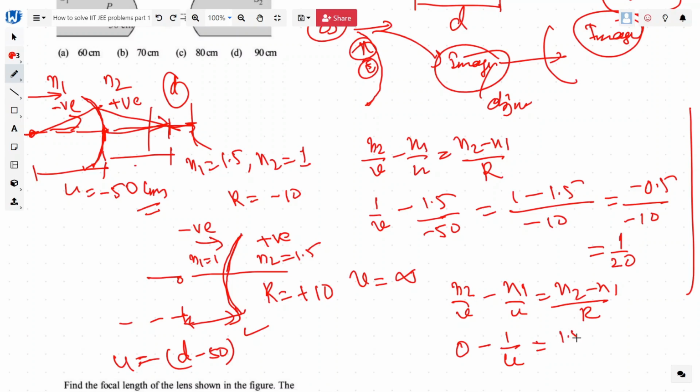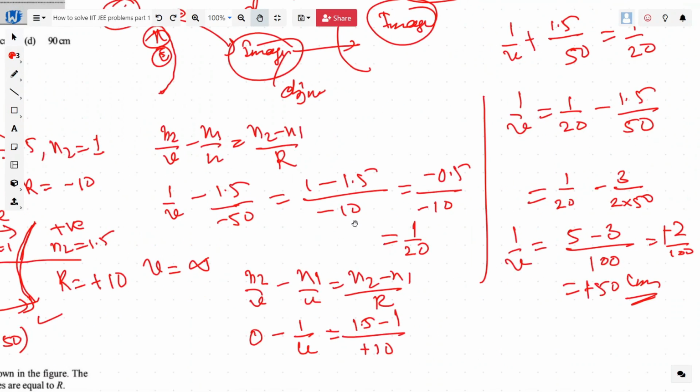Now n2 is 1.5 minus n1 is 1, by R. R is this time positive, so plus 10 centimeters. This is now going to be equal to 0.5 by 10, 1 by 20. So u is minus 20 centimeters.